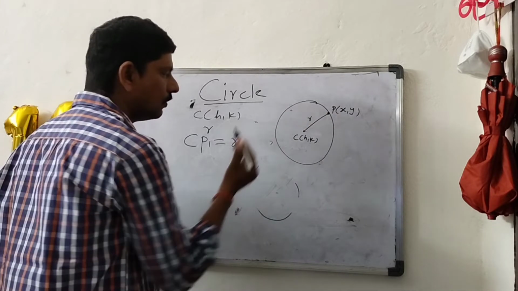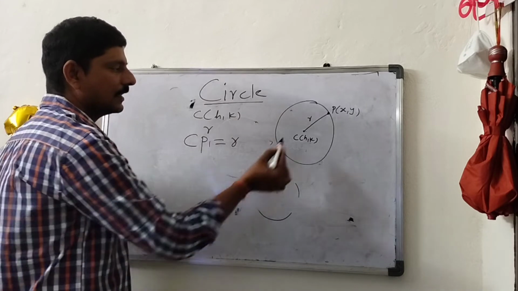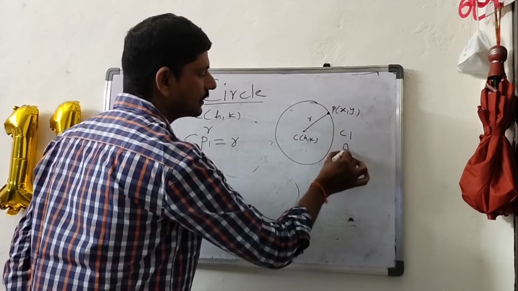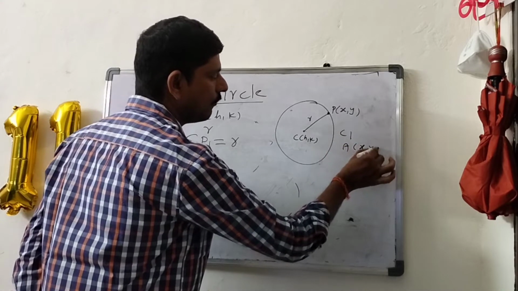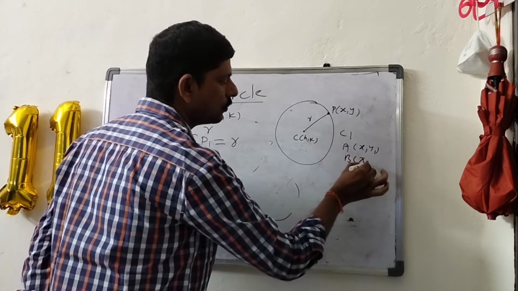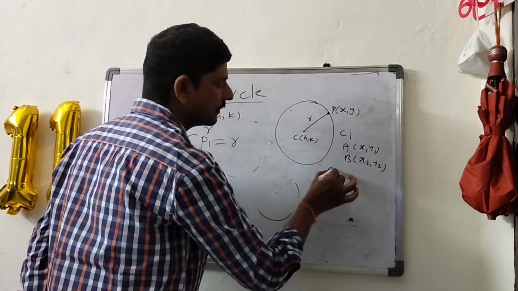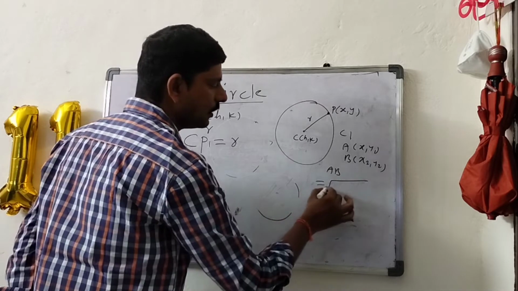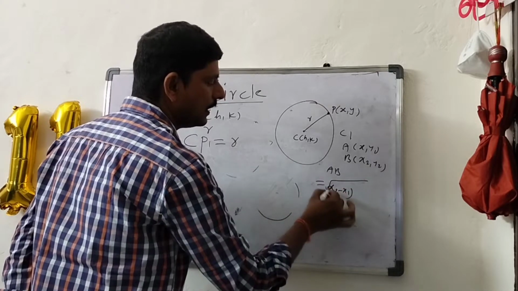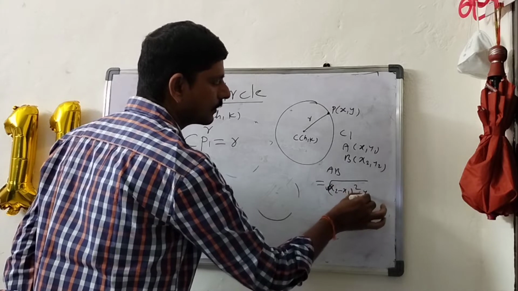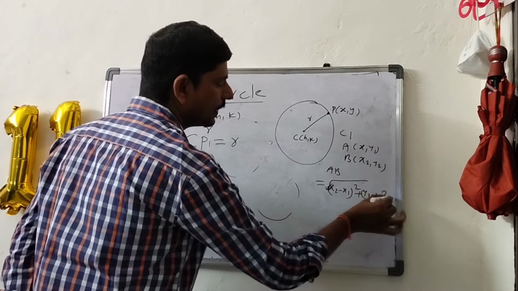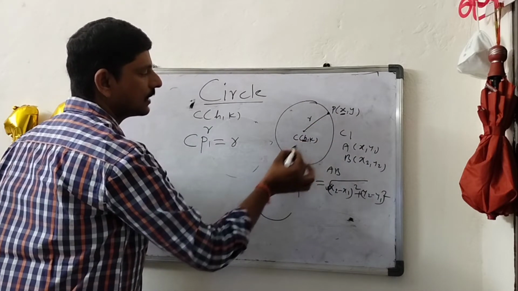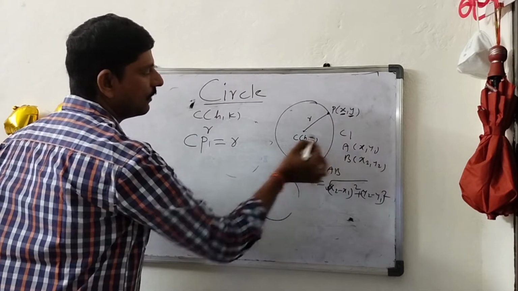Now already you know from your first year intermediate the formula for the distance between 2 points. If A(x1, y1) and B(x2, y2) are 2 points, then the distance between the 2 points, denoted by AB, is square root of (x2 minus x1) whole square plus (y2 minus y1) whole square. So let us say here x2 is x, x1 is h, y2 is y, y1 is k.